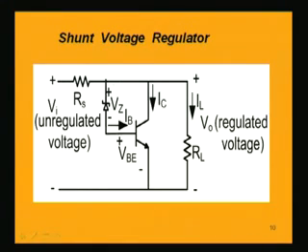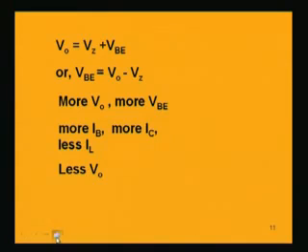This is the loop we are considering, starting from this point, then you come back to this point again. Then the Kirchhoff's voltage law will be VBE plus VZ minus V0 equal to 0.